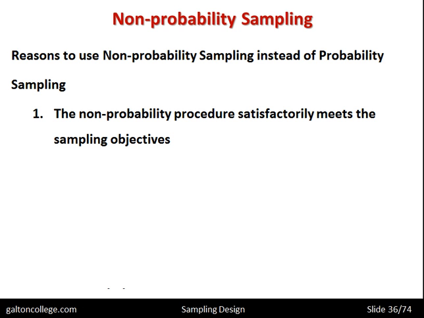But non-probability procedures tend to be prone to bias, to selection problems. And we'll talk about this again in a few moments, but for the moment, non-probability procedures tend to be biased, and therefore the results are more suspect. So we're talking about the sampling objectives, what the objectives are, and whether non-probability procedures are satisfactory. But non-probability procedures do have an advantage because they are very cheap.